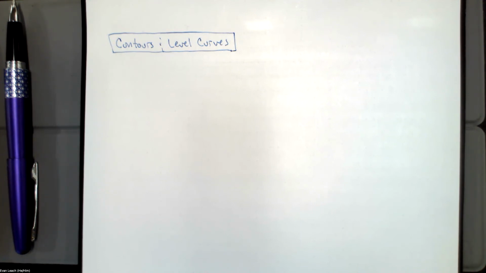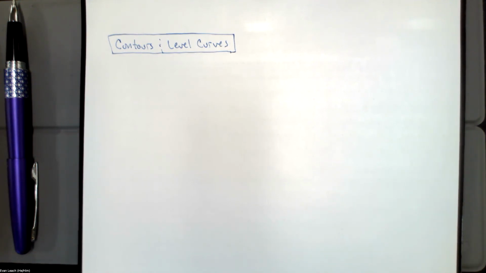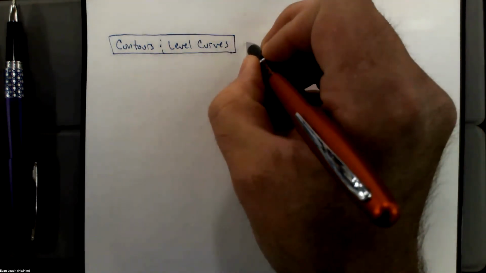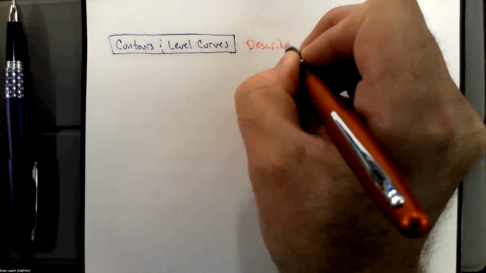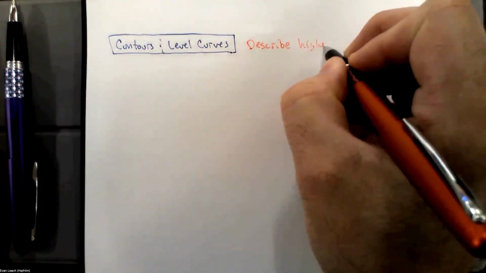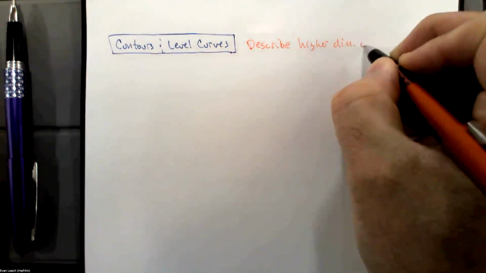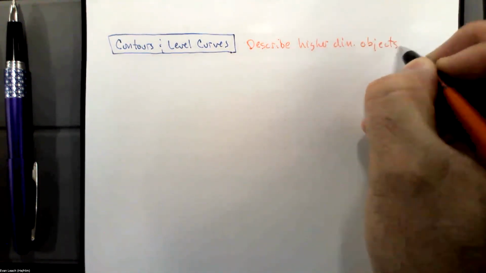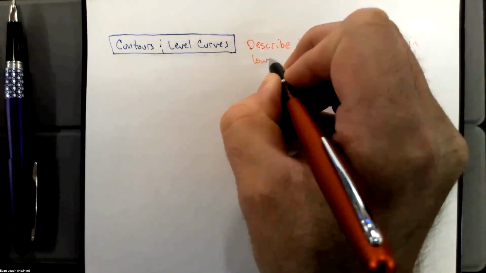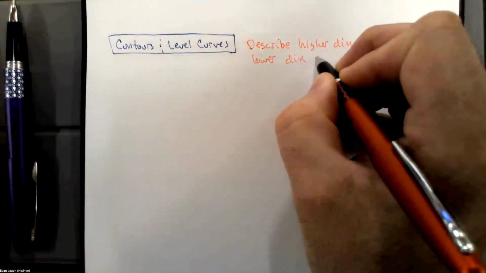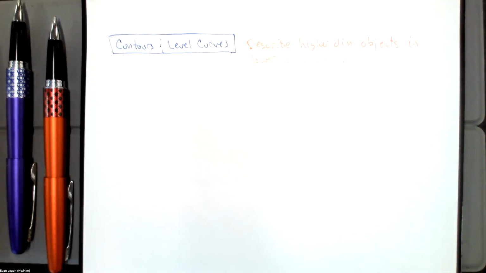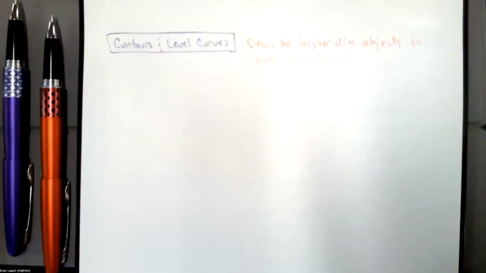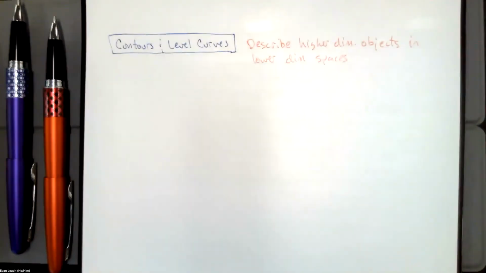So for example, imagining something that's three-dimensional on a page. This is how we can describe higher dimensional objects in lower dimensional spaces.